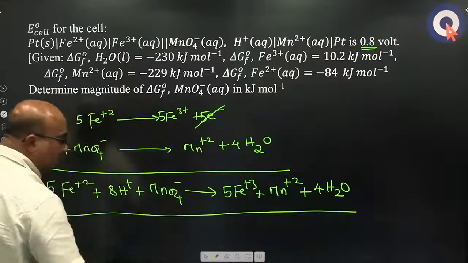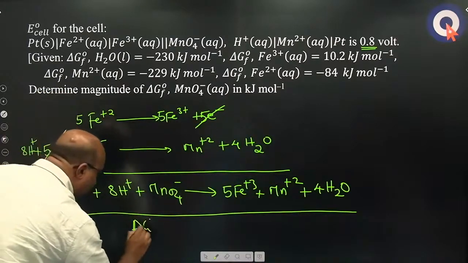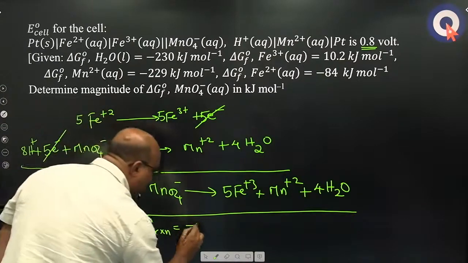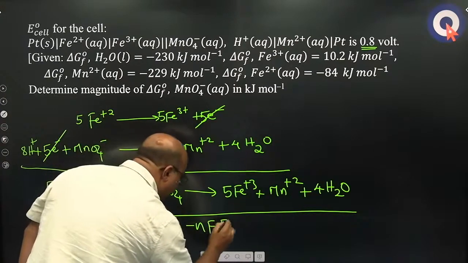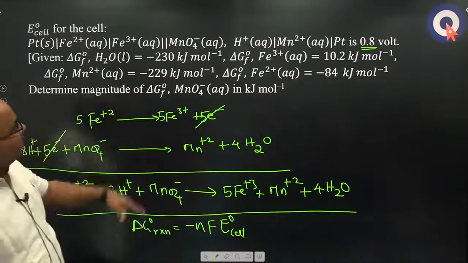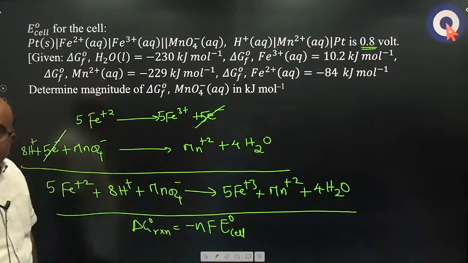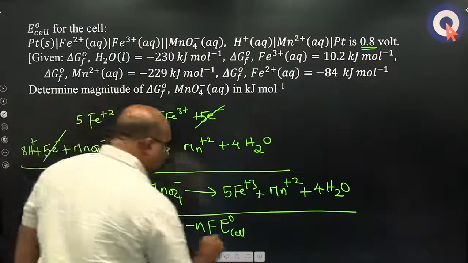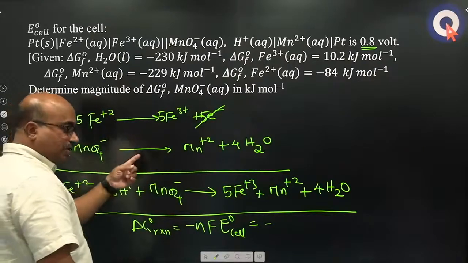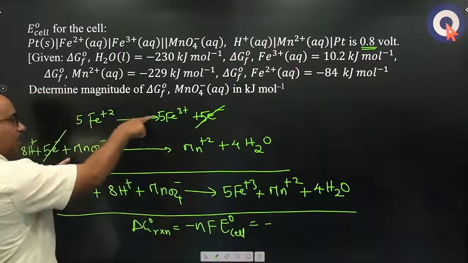So what is delta G naught of this overall reaction? It is nothing but minus nF E naught of the cell, or E naught of the reaction actually. So what is n for us? The total electrons involved in this process, whether it is a reduction or an oxidation.